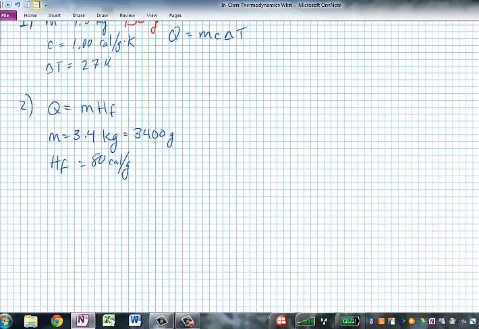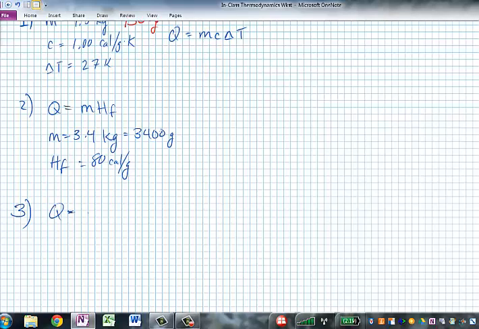Number three, how many joules would it take to completely boil 150 kilograms of water? Well, that's a lot of water. 150 kilograms is in the neighborhood of 320 pounds of water. That's a significant amount, so you expect this to be a pretty high number.